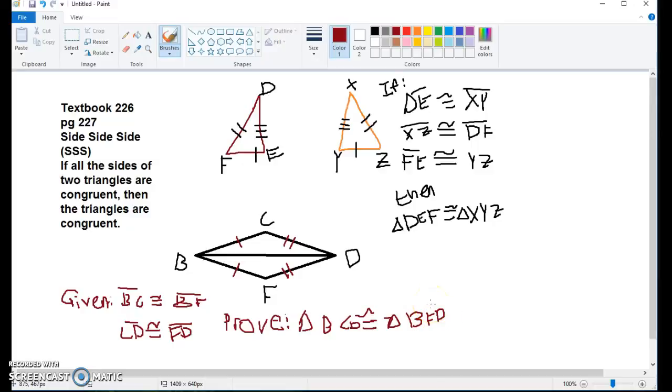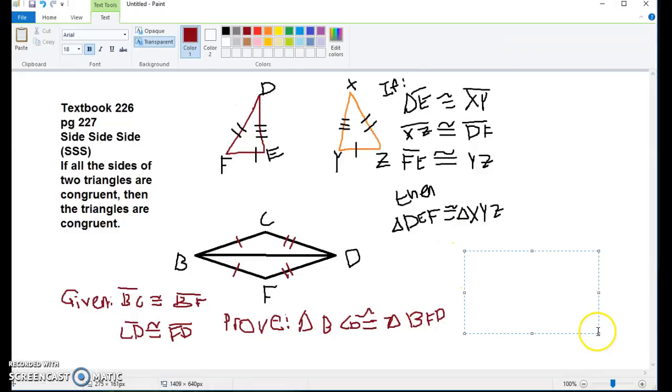Alright, fairly simple. Our first two statements are just going to be, this is here, given. This is here, given. So our first two statements, we're going to have 1, BC congruent to BF, where for congruent I'm going to write CON.